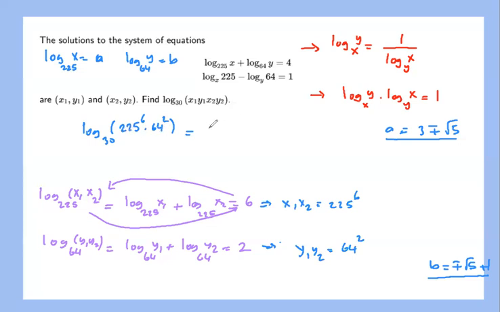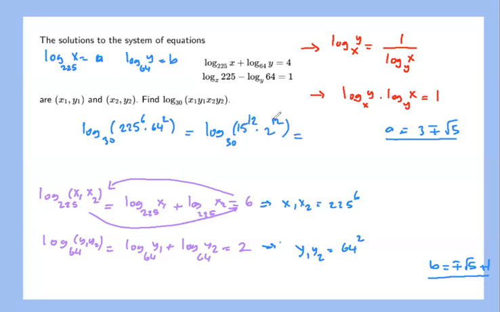So maybe we can use that information to get 30 as the base. That's 15 squared, and then squared to the 6th power will be the 12th power. And 2 to the 6th power, to the 2nd power will be 2 to the 12th power. And then this is our argument.